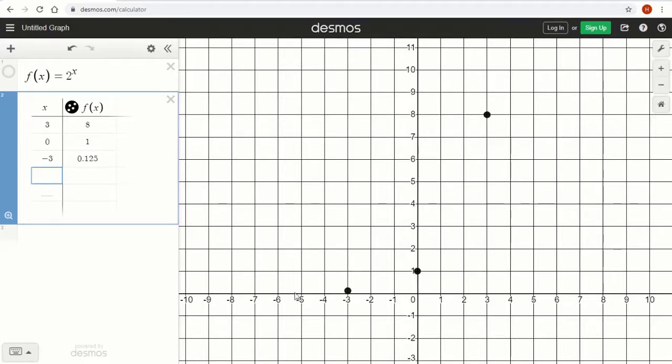So negative 3, 0.125 is the far left one, then 0 is the next one, and 3 to the right-hand side, in increasing order from the left to the right on the x-axis. Then we can notice that our 3 scatter points so far are forming a rising path. But notice how this rising path is not a linearly rising path.